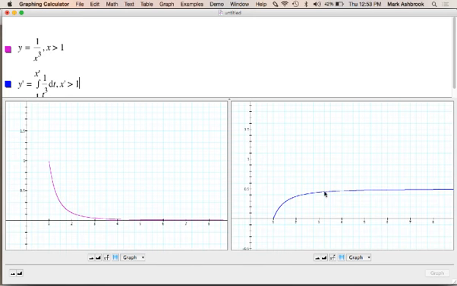And what will this eventually reach or get really close to? You see this is 1/2 right here. So if I zoom out on the x-axis, you see that when x gets really large, it just gets closer and closer and closer to 1/2.